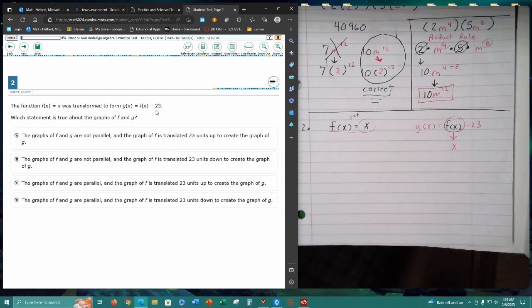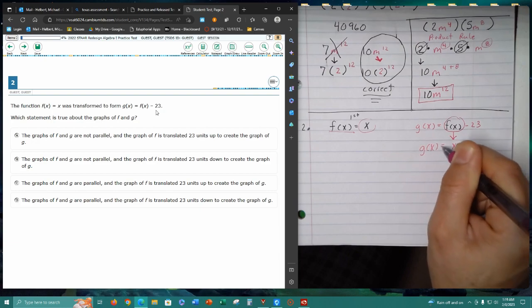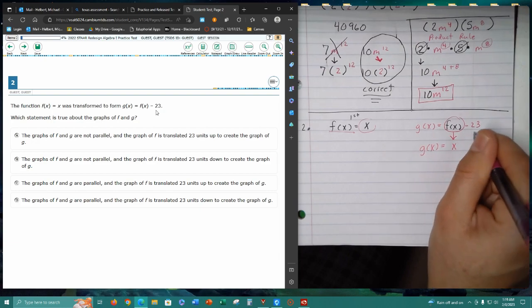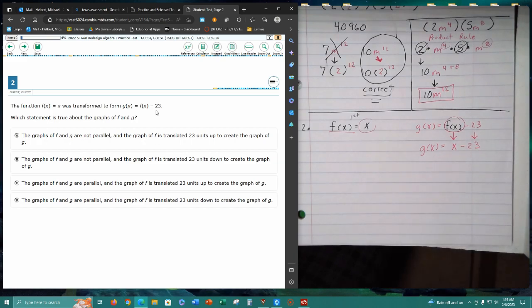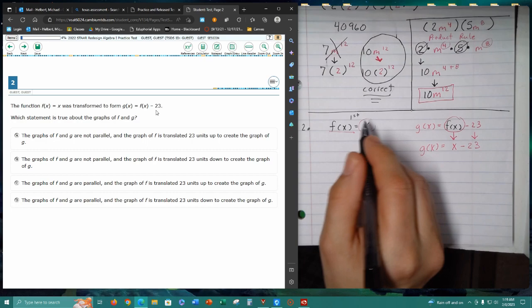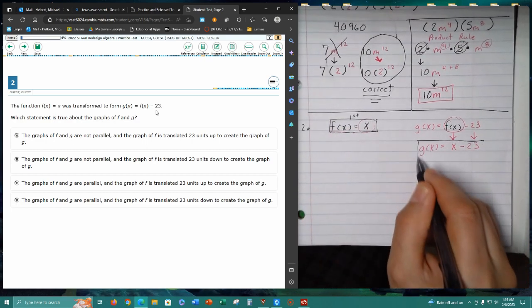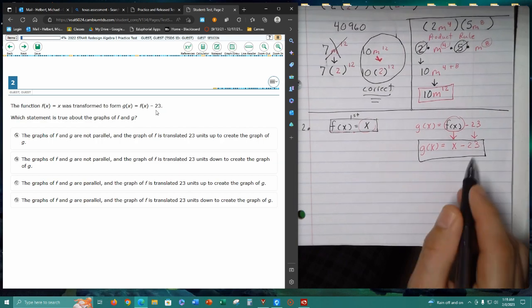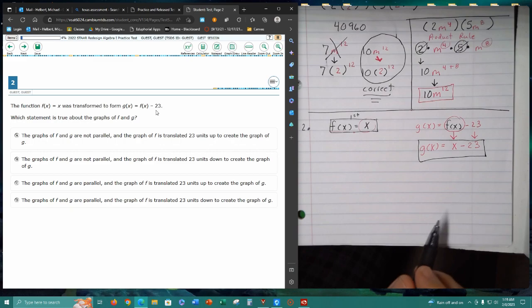And so really what I have is g of x is equal to x minus 23. Now the good thing about it is I can graph this first one, f of x is equal to x, and I can graph this second function, g of x equal to x minus 23.